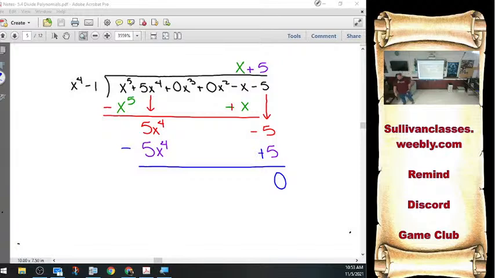That's it. Which is why you want to do the whole problem. Okay. So it turns out that my polynomial is just that. That's it.